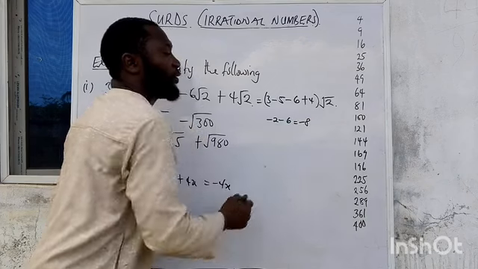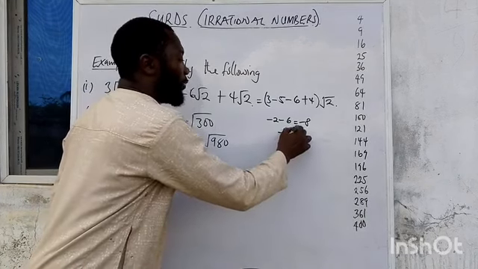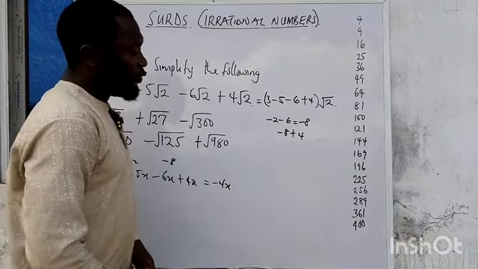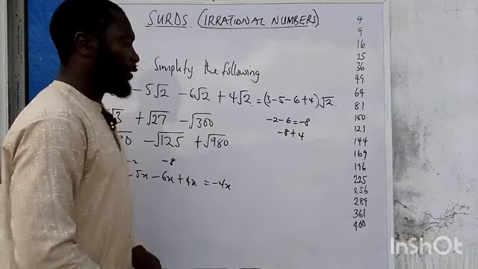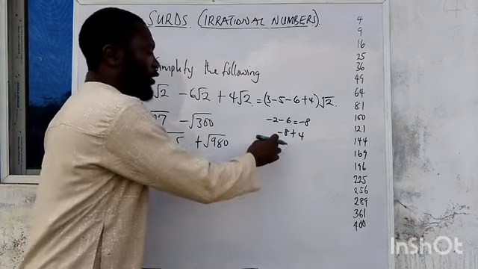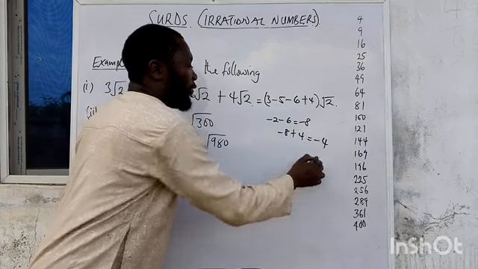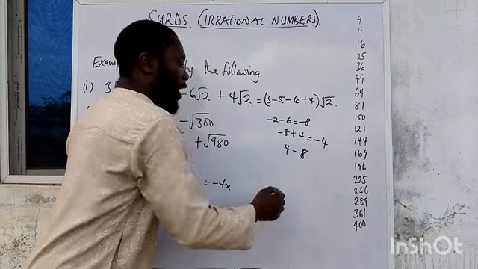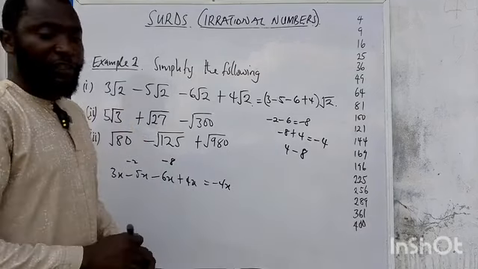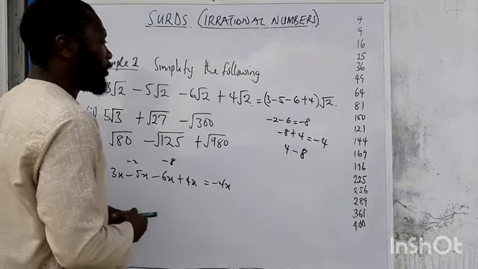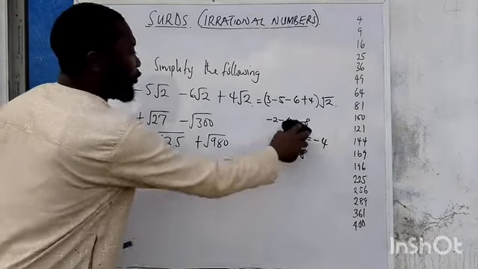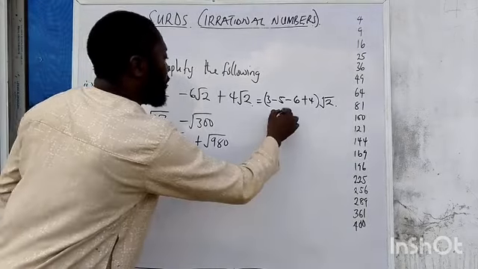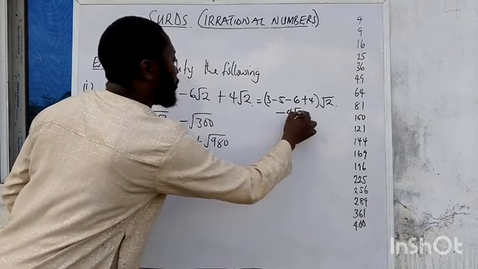Minus 8. Minus 8 plus 4. You are adding integers of different signs, so you are going to subtract. Minus 8 plus 4 will give you minus 4. If you say how, it's just like you have positive 4 minus 8, and whenever you are taking a big number from a small number, you get a negative result. So now the final result for this will be negative 4 root 2.